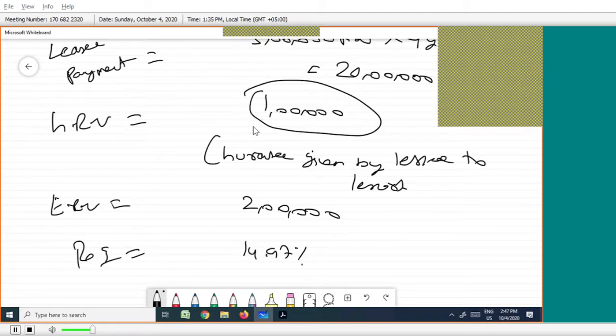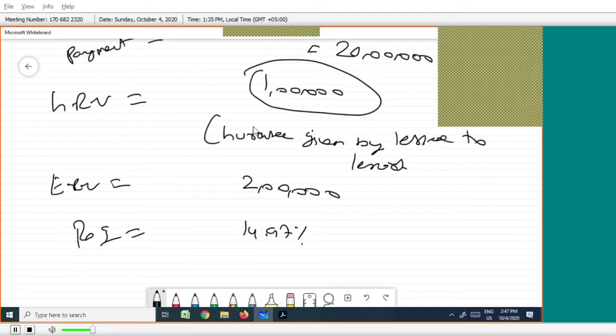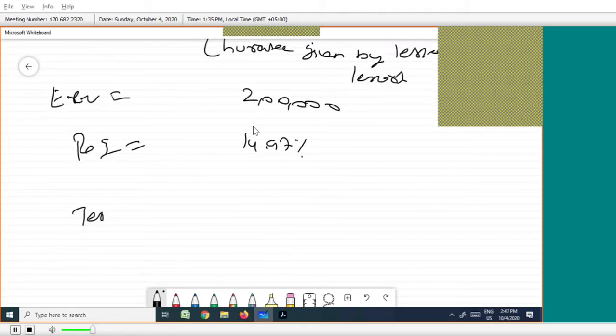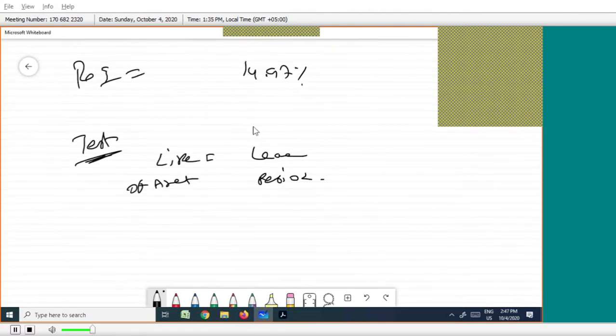So first thing we have to check is the test. Life of asset and lease period comparison is not available, because lease period is available but life of asset is not available, so we can't do the test.